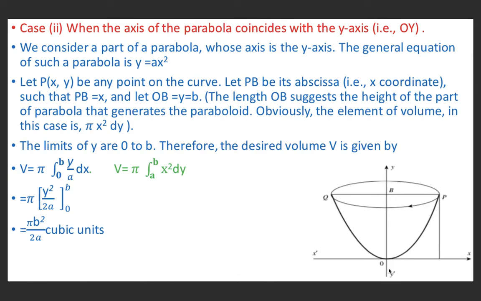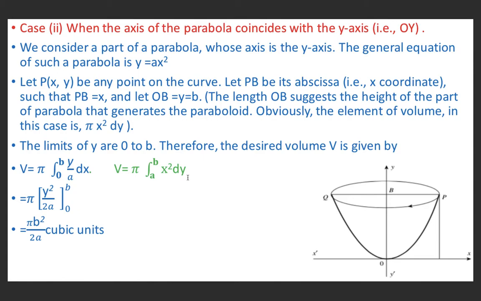So y varies from 0 to b. Therefore, the volume of this paraboloid is pi integral from 0 to b of y upon a dy, because y is equal to ax square. So x square is nothing but y upon a. Because we are rotating about the y-axis, the formula is V equal to pi integral between a and b of x square dy.